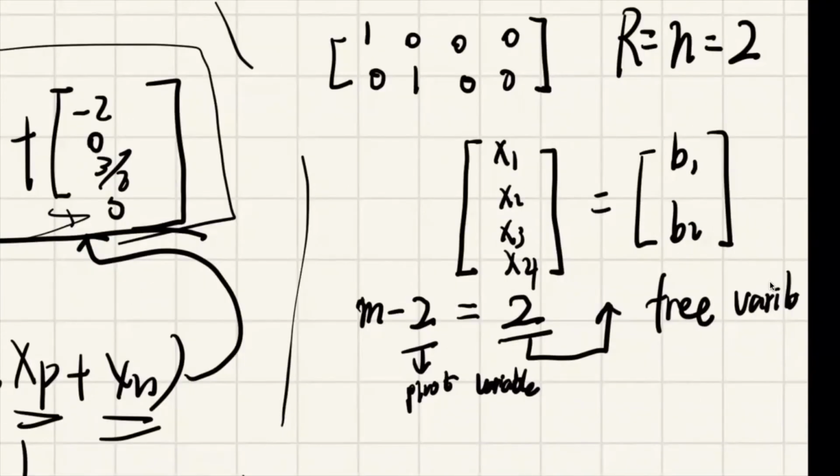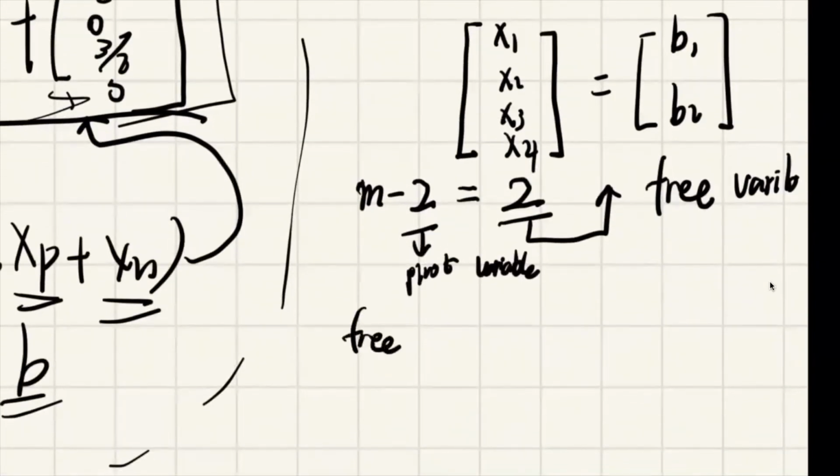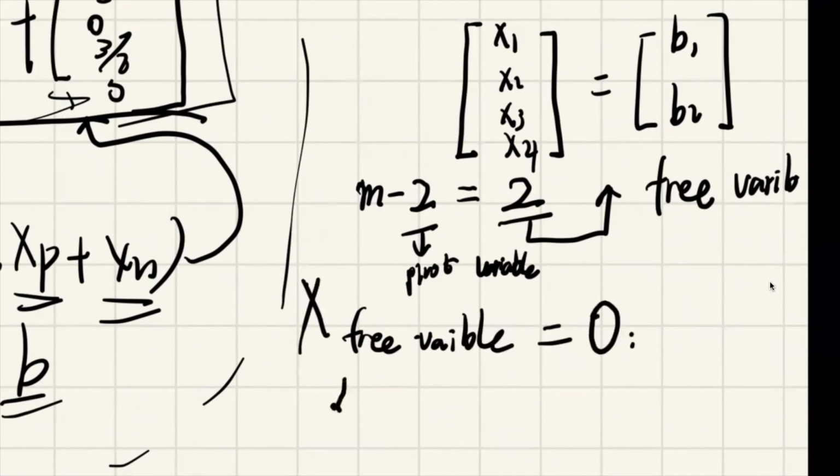As long as there are free variables, it means that we can assume the free variables equal 0. And then, for instance in this case, if x1, x2 are the pivot variables, we can get 2 equations in x1, x2.